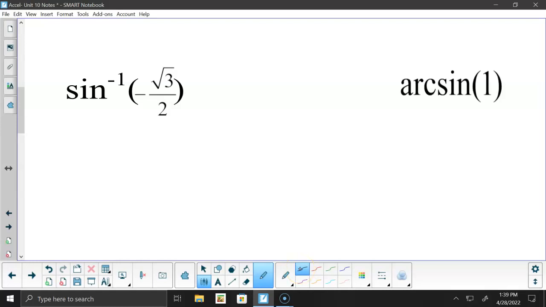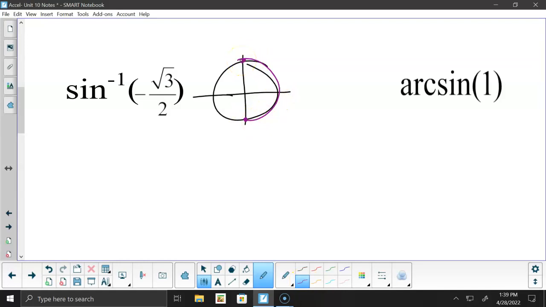Okay, so first things first, I'm using sine. So when I'm talking sine, what quadrants was I looking at? Look over here. So sine is looking between negative pi over 2, which is down here, and positive pi over 2.